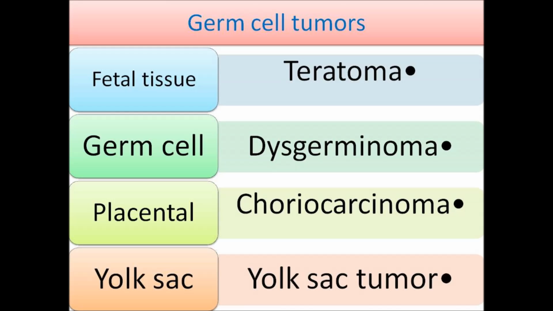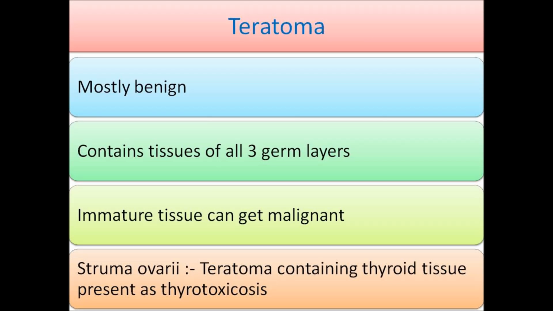Now we will discuss briefly some points about these tumors. First, teratoma. Teratomas, I think they are the most important for us as students, because they have many pathological and clinical points.